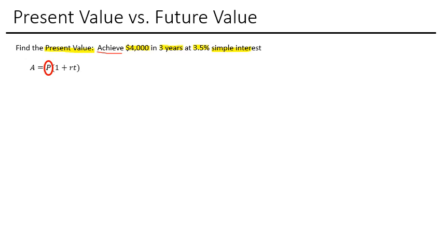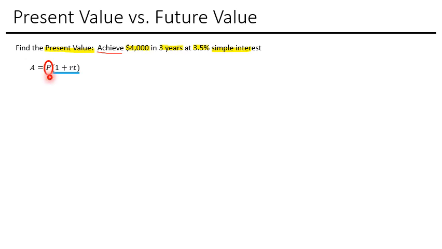I need that P, so I'm going to solve this equation for P. If you go back to algebra, if I can get rid of this 1 plus RT and move it to the other side, then I will have this equation solved for P, and I'll have another formula.